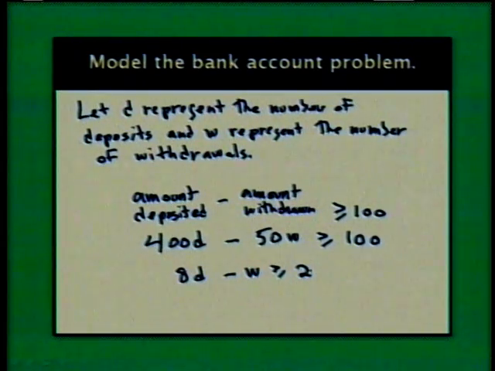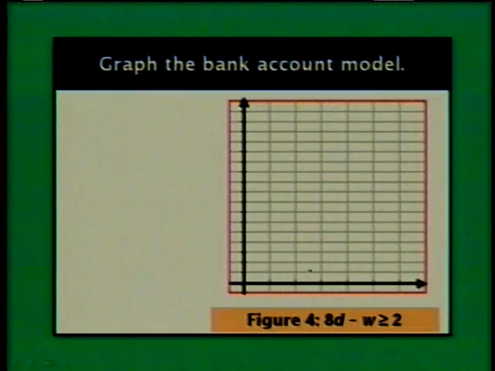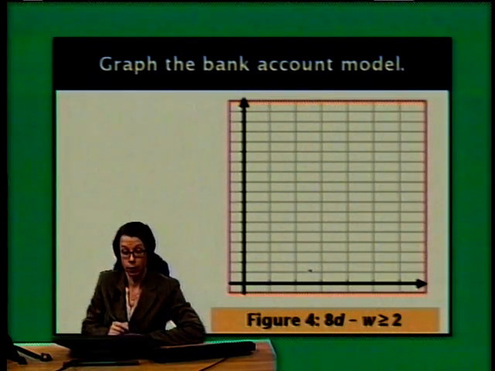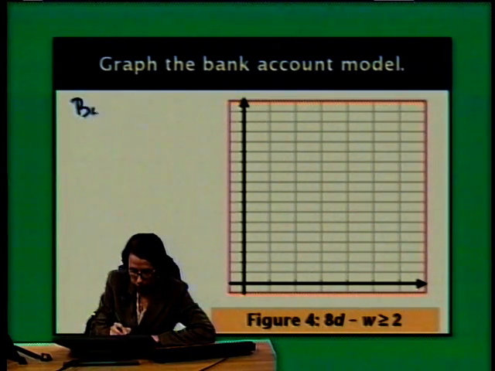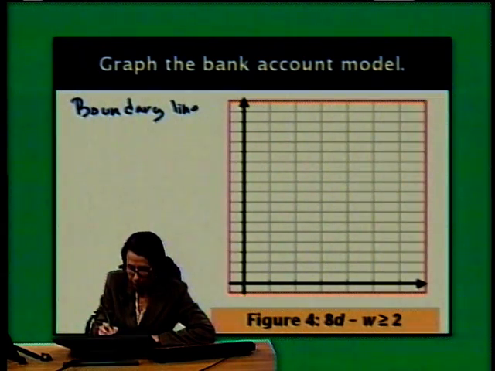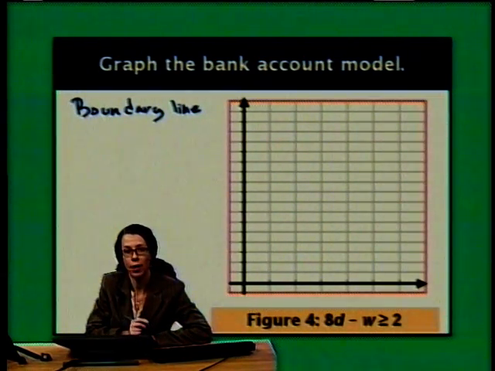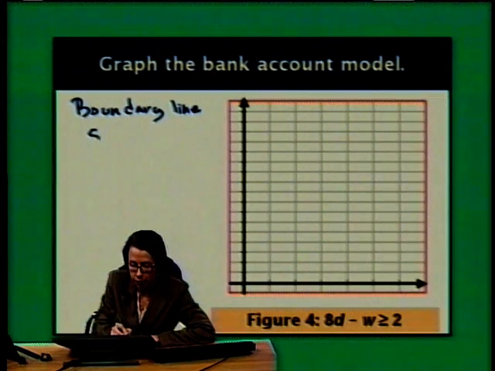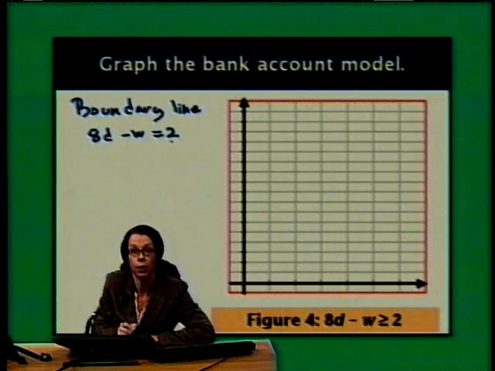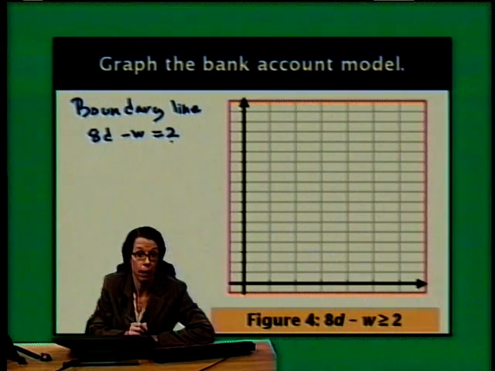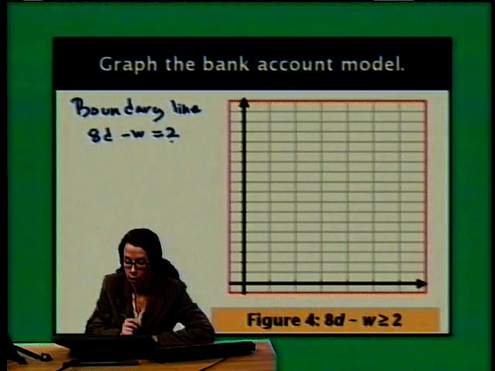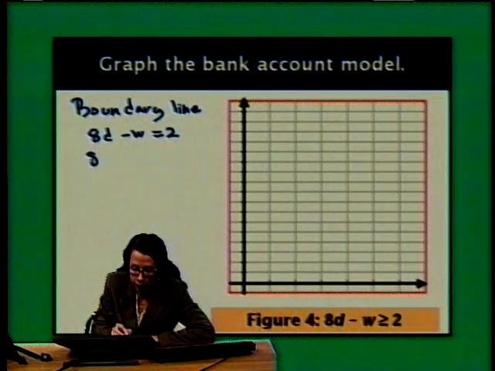So let's graph the solution set. I want to start by graphing the boundary line. In this situation, I'm going to take my 8D minus W equals 2 and solve for W, so I'll have an equation in slope-intercept form. So I'm going to add W to both sides.